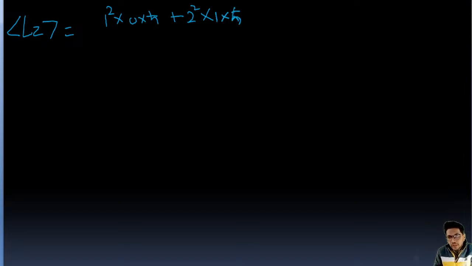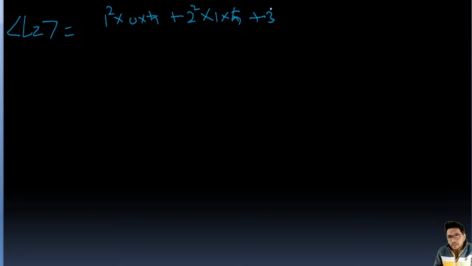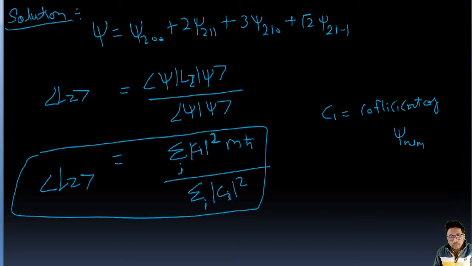Plus the next, 3 square, with m equal to 0, into h cut.